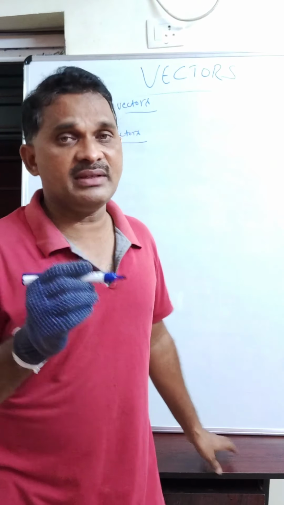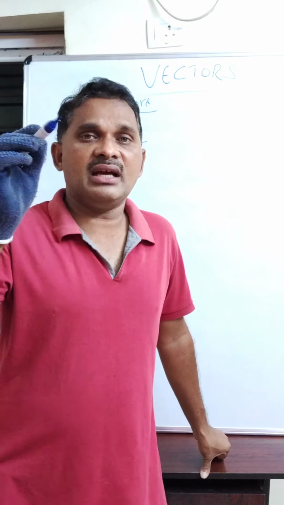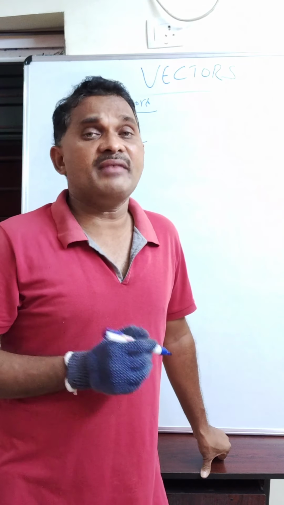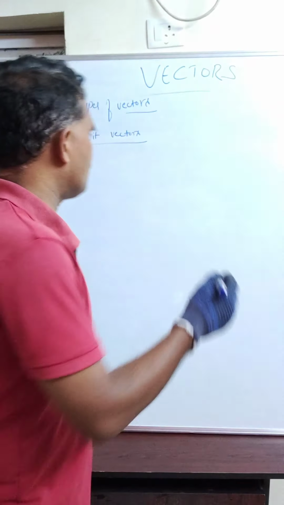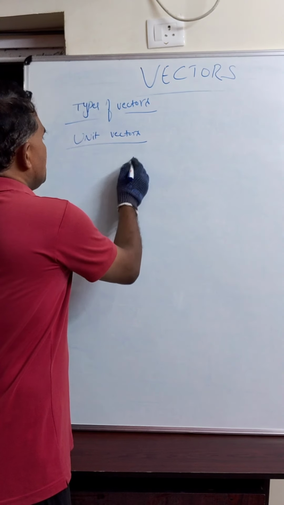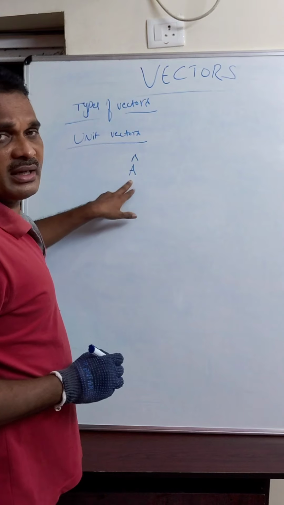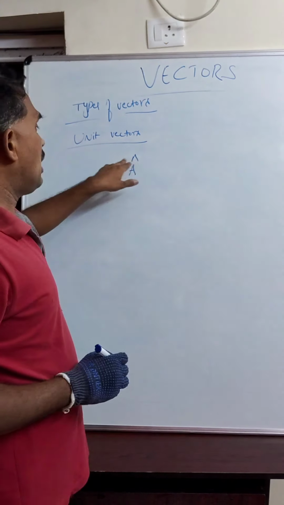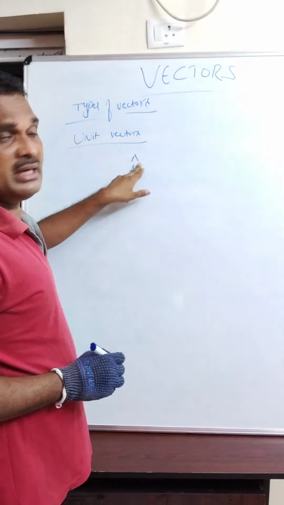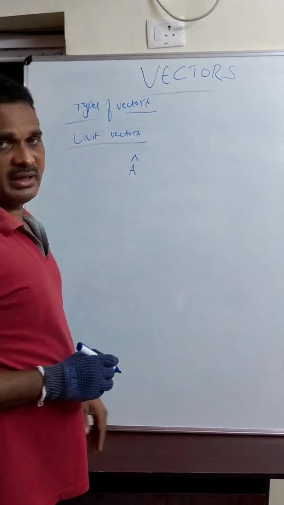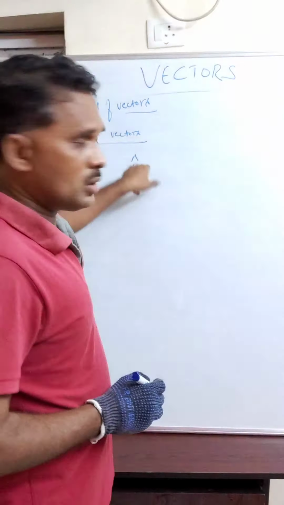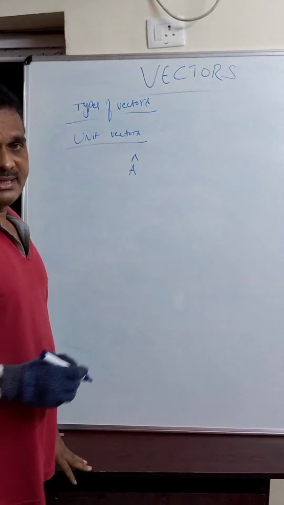It is represented with a cap. If any alphabet has a cap on top, such as A, such kind of vectors are called unit vectors. So A cap, like this we call.